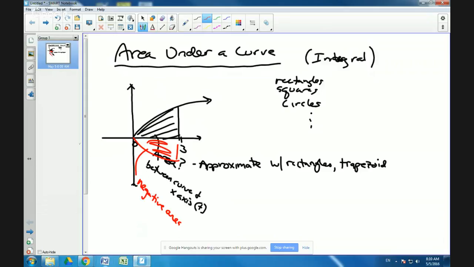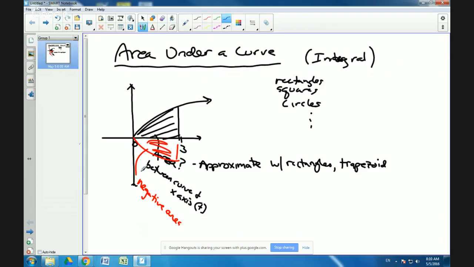I think you've always been taught negative is not possible for area. It's not; it's only negative because it's denoting it's below the x-axis. It's kind of a location indicator. We're not going to deal with it this year, but that's called signed area. So that's what we're looking at.